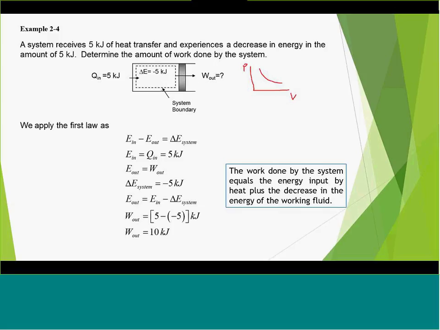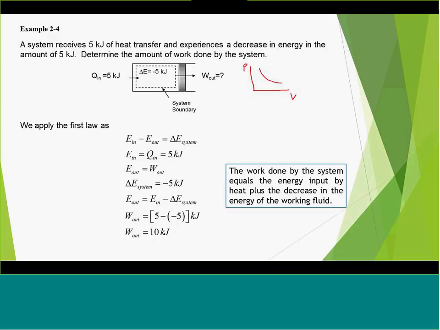So now what we have is the system receives 5 kilojoules of heat and a decrease in the energy, negative 5 kilojoules. So this is the amount of work done by the system. So energy in minus energy out is equivalent to the changes of the total energy of the system. So you have E in equivalent to Q in, which is 5 kilojoules, then E out is equivalent to W out.